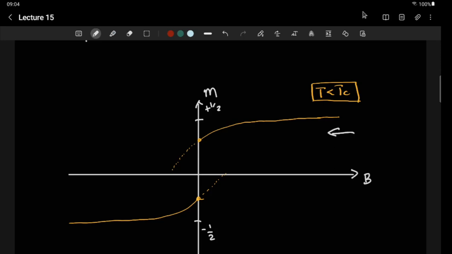But these, as I was telling you, are metastable. And the key point here is that there's a discontinuity in M.